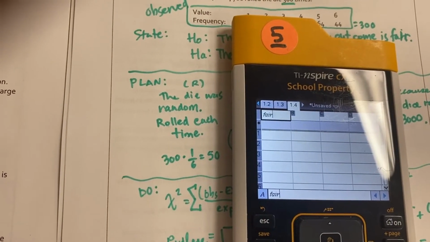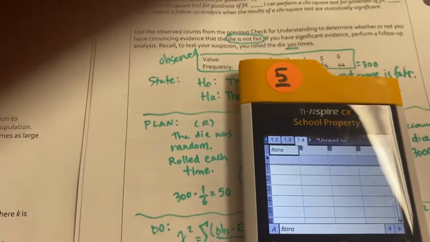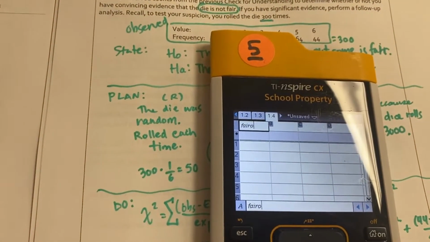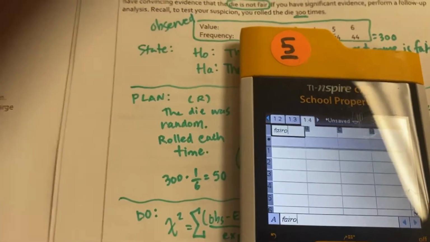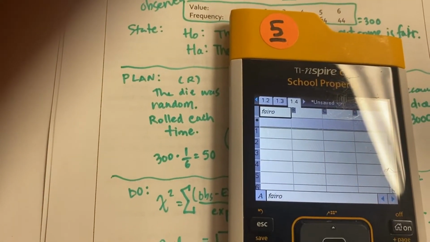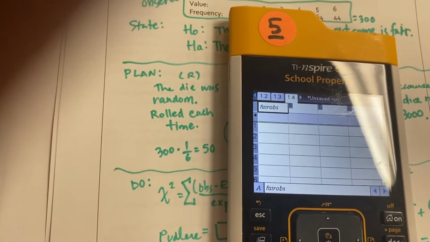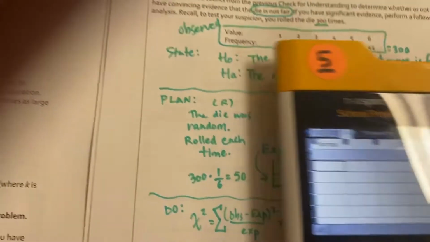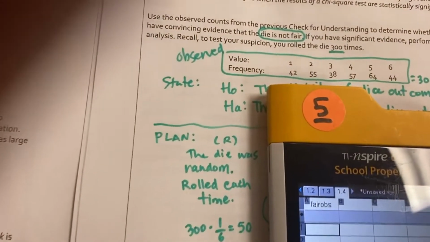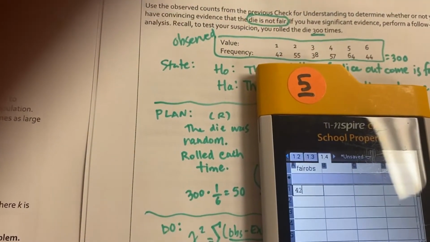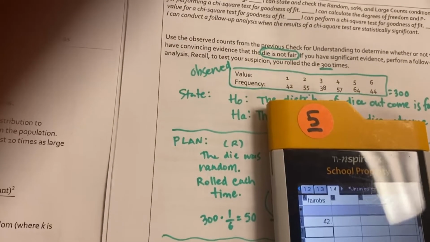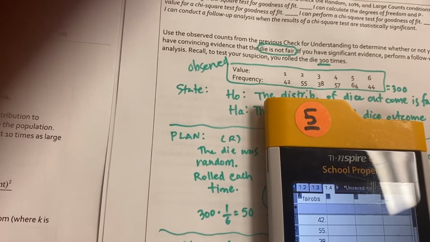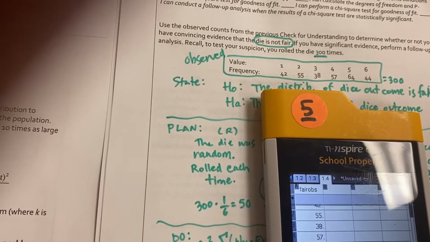F-A-I-R, O-B-S, right? So my fair observations, we don't know if it is fair or not, but my observations were 42, 55, 38, 57, 64, 44.